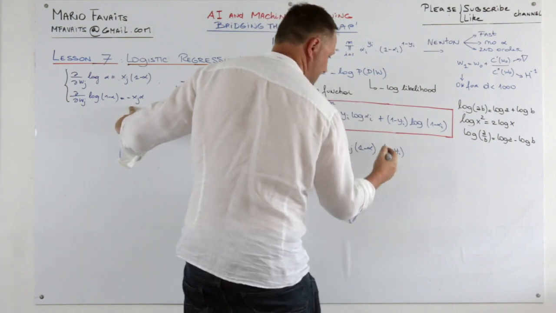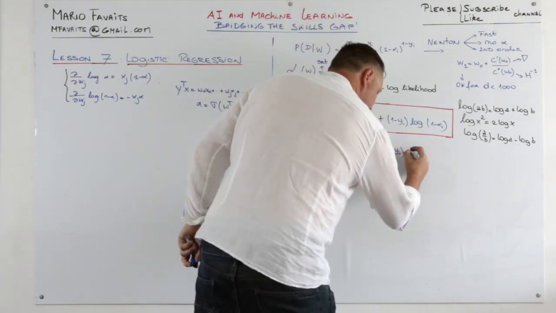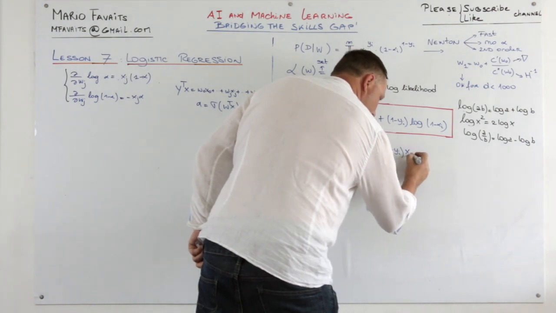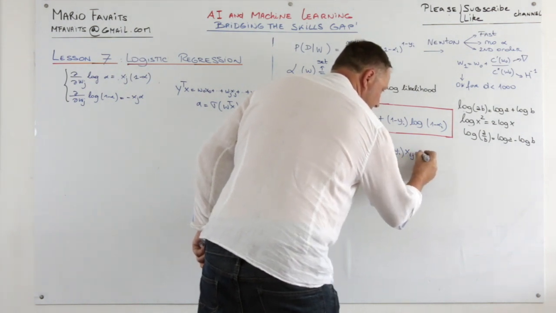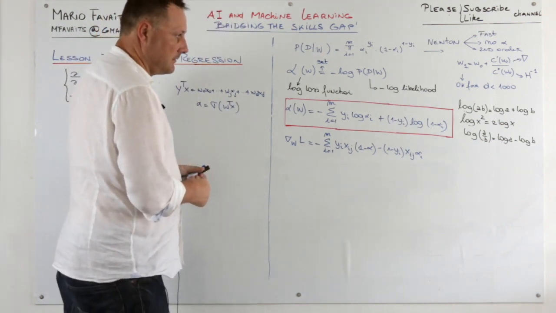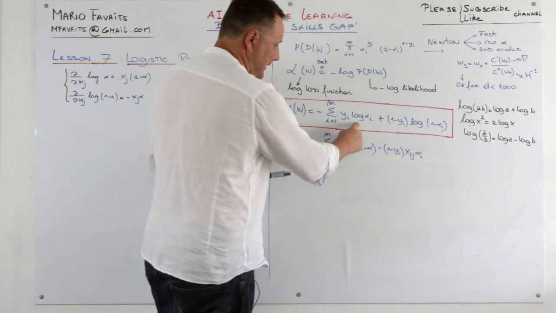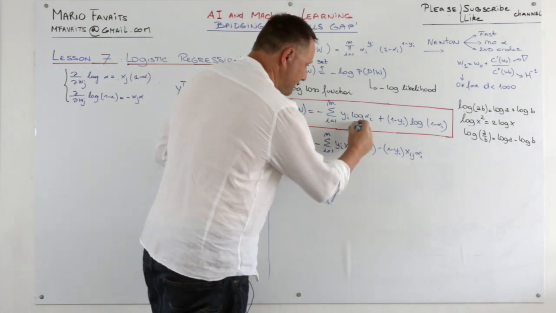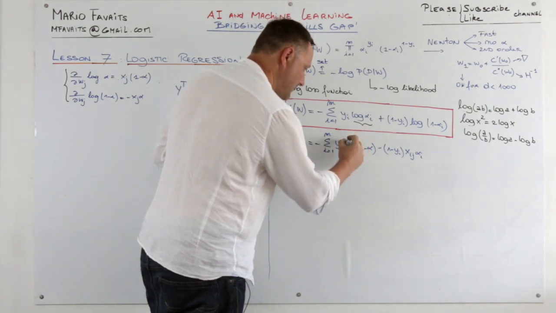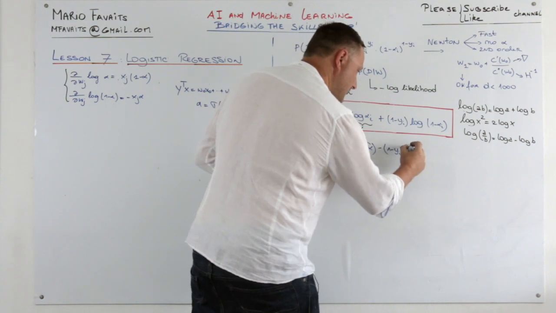So this becomes a negative, because of this one here, and this is then xij times alpha I. Okay, so basically I just put these guys in here, as well as here.